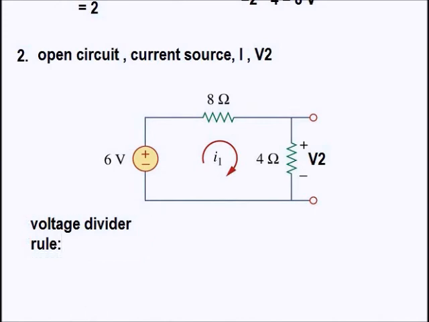V2 equals 4 divided by 4 plus 8, which is 12, multiplied by the total voltage, 6. So you get 4 divided by 12 multiplied by 6, which is 2 volt.